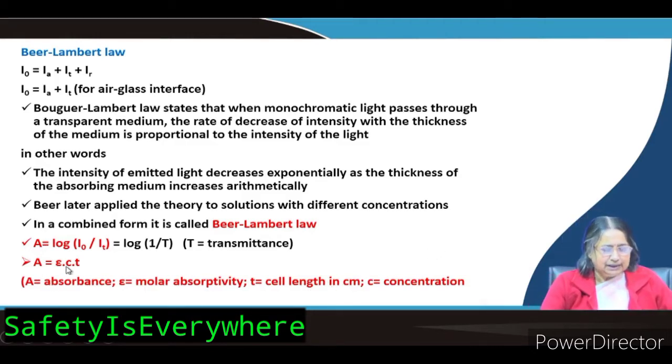Because it is a linear equation, absorbance value can be related to concentration, because T, the path length, we are keeping constant, 1 centimeter, and C we are varying. So, absorbance value will vary with C value, and it is a straight line equation passing through the origin, okay. This is called the Beer's law calibration. When we do the calibration, it is called Beer's law calibration, okay. I will show you.